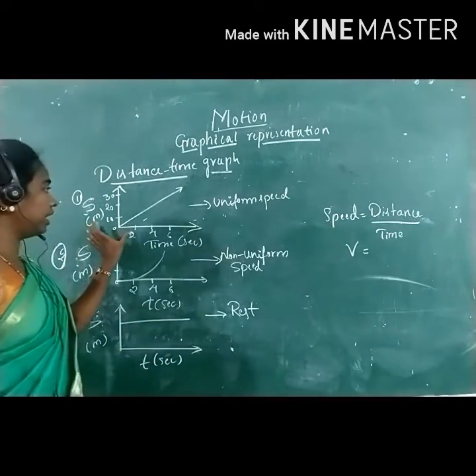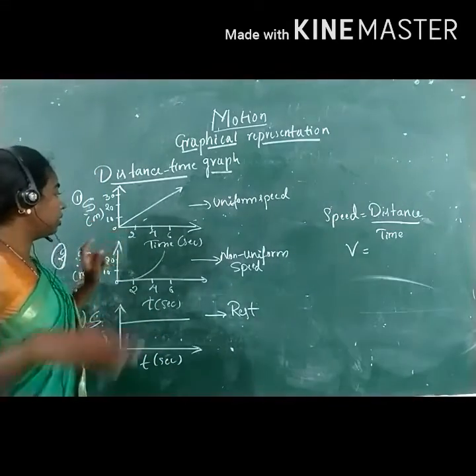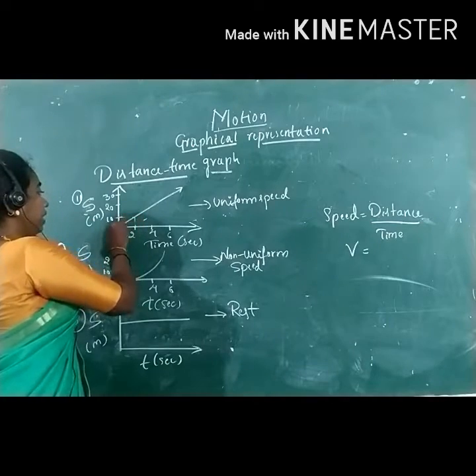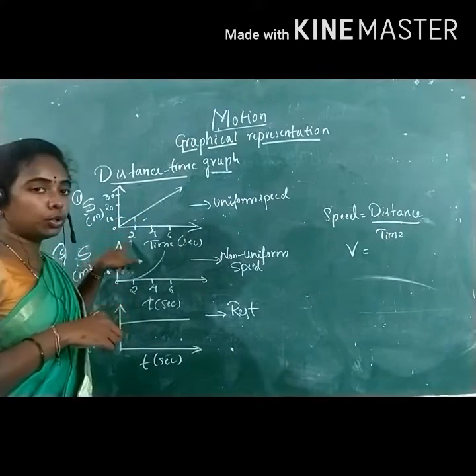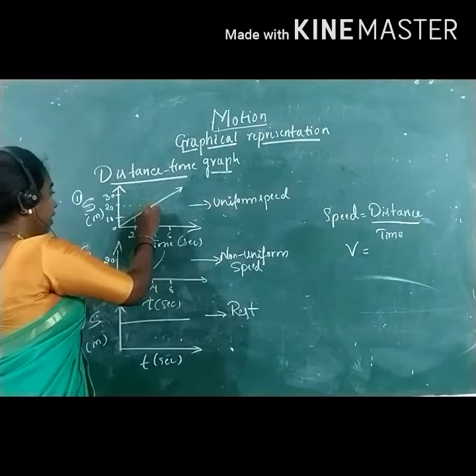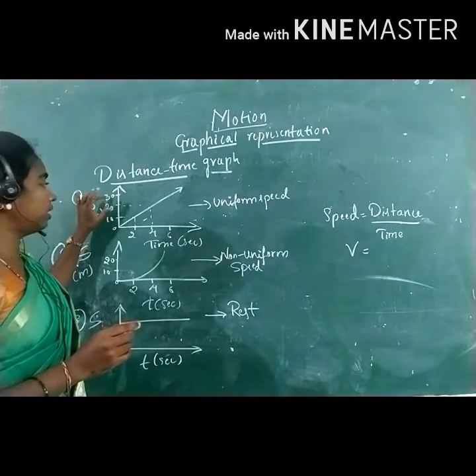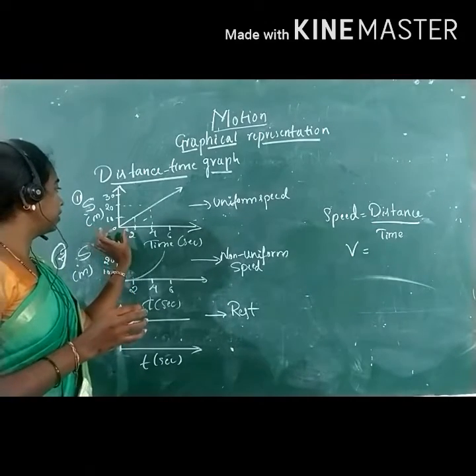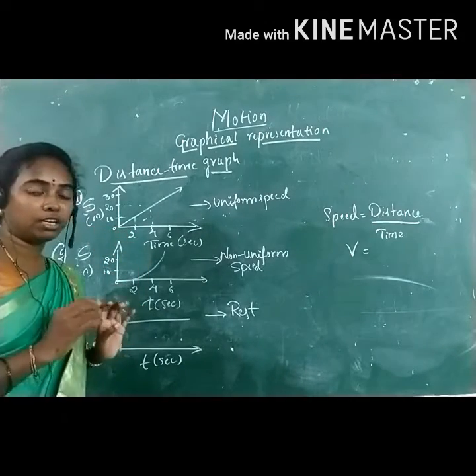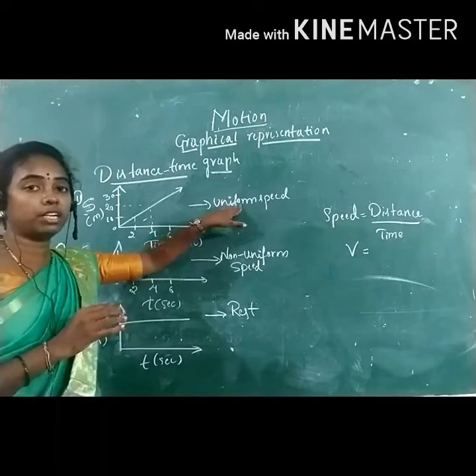From the first diagram, you can observe the body is traveling 10 meter in 2 seconds, next 20 meter in 4 seconds. The interval between 0 and 10, 10 and 20 is equal, and the timing 0 to 2 and 2 to 4 is equal. This is uniform speed.